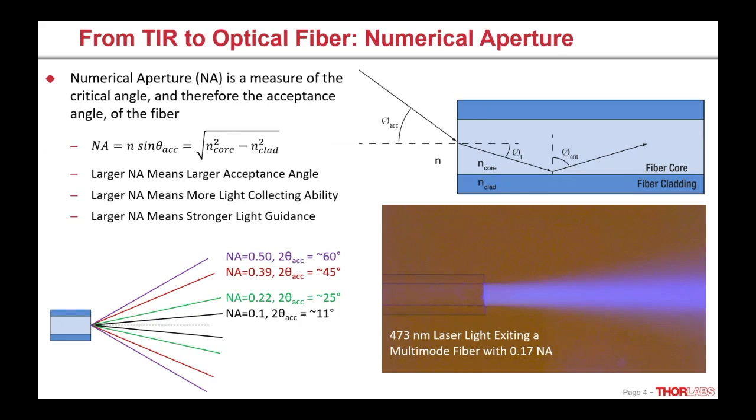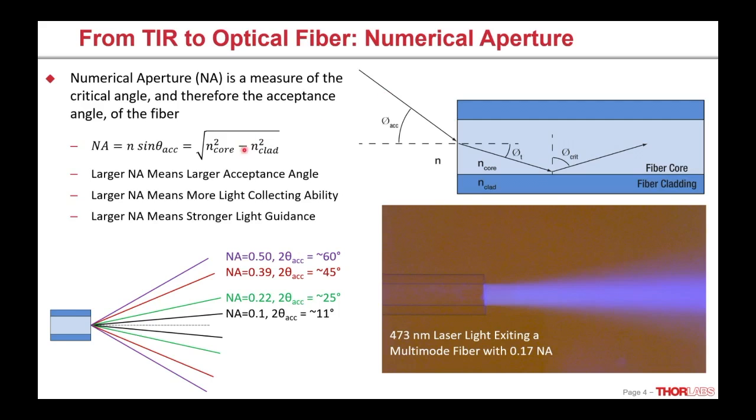Taking this waveguide concept, we can define one of the really fundamental specs of a fiber, which we call numerical aperture, or NA. You may hear this word in the microscopy world to talk about objectives and lenses, but in the fiber world, it's a measure of the index difference between the core and the cladding, or a measure of the critical angle.